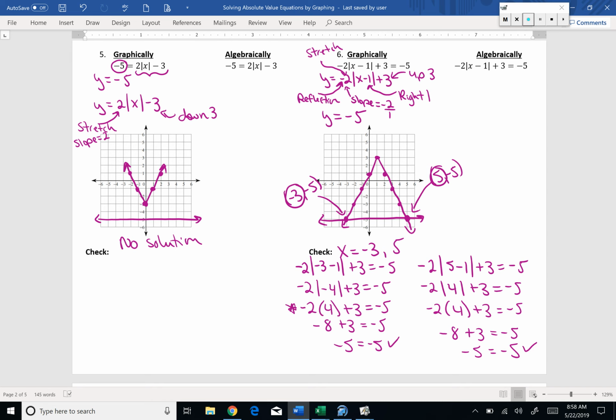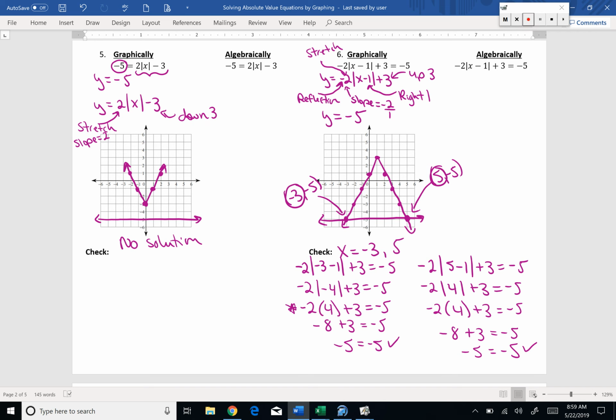So checking, as always with solving equations, I know some of you just view it as, I don't really have to do that. But it's a way you're going to know if you're right or not. I know a lot of you out there are getting very confident with graphing absolute value. I can tell based on your quizzes that I've graded so far. But make sure, it's so easy to accidentally go left instead of right.